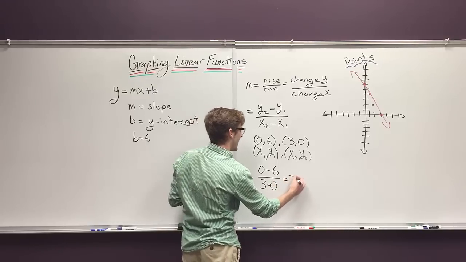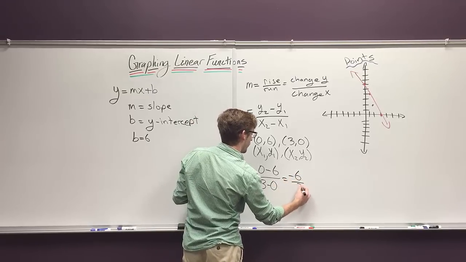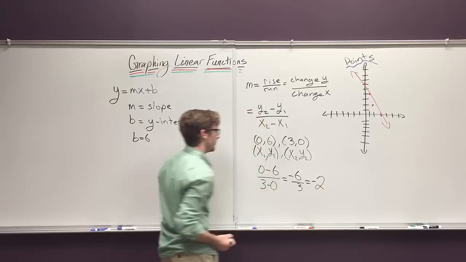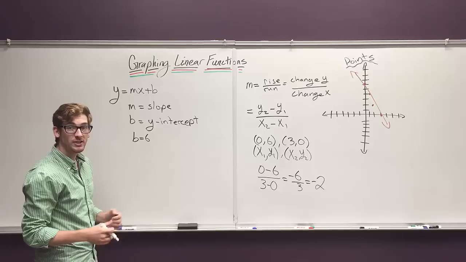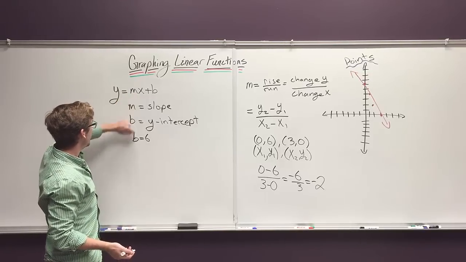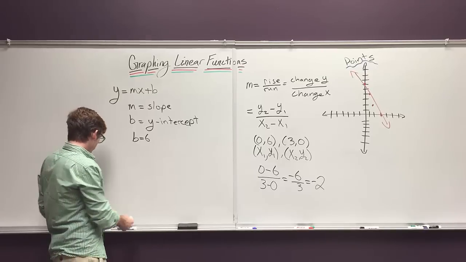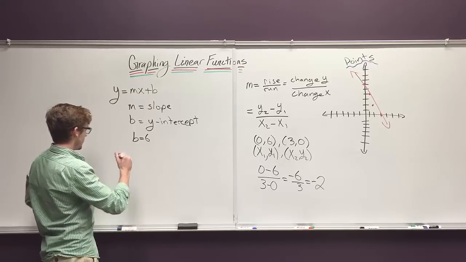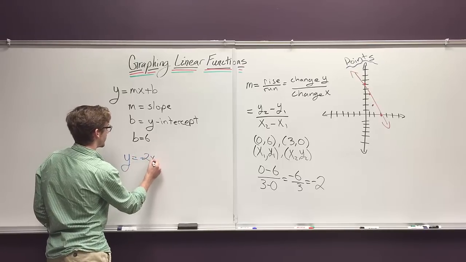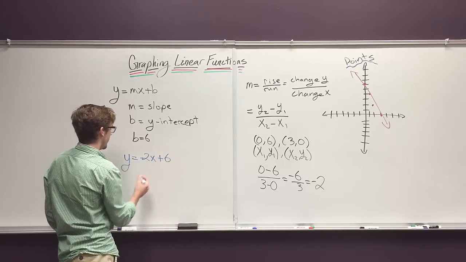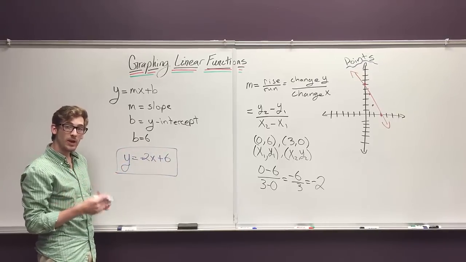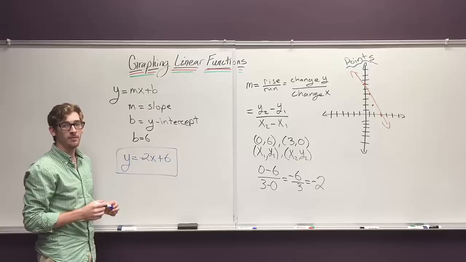So we just get negative 6 over 3, which is equal to negative 2. That's really nice, because now we know m. We know b and we know m, so we can write down our equation: y equals negative 2x plus 6. Does that look familiar? It should, because that's the equation that we started with.